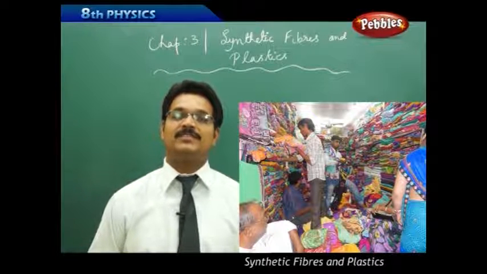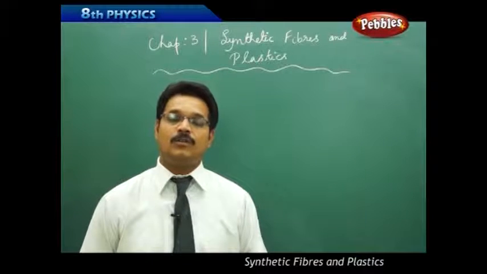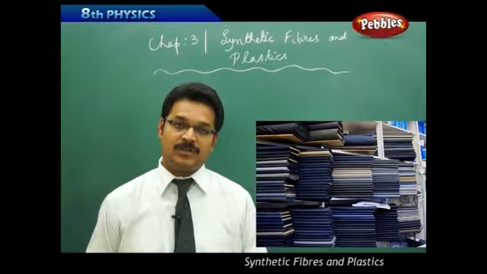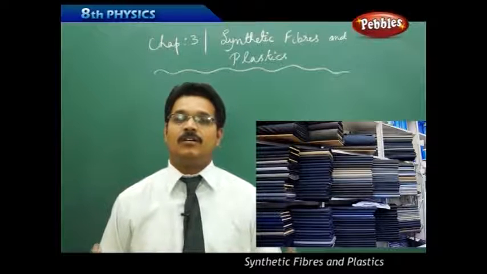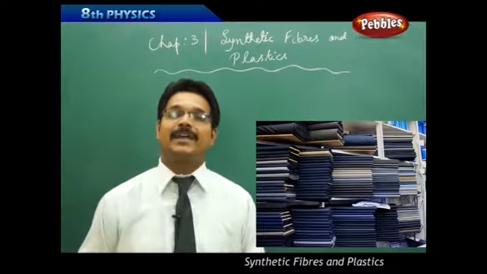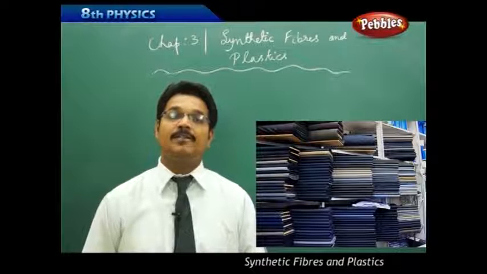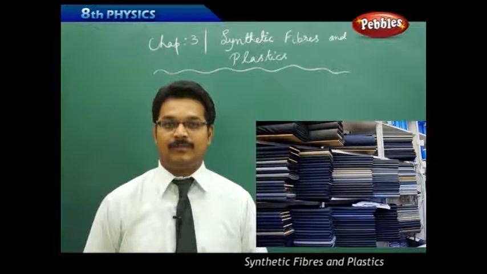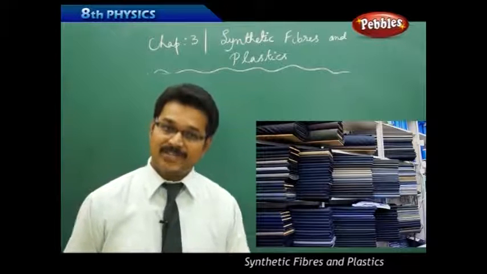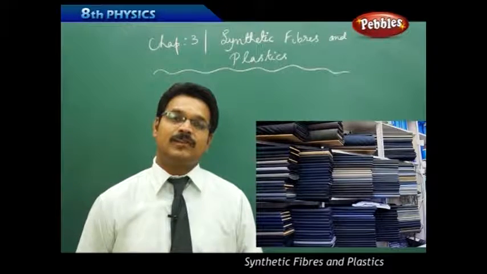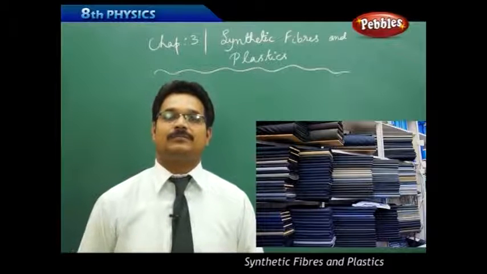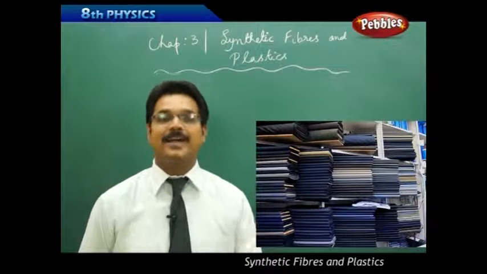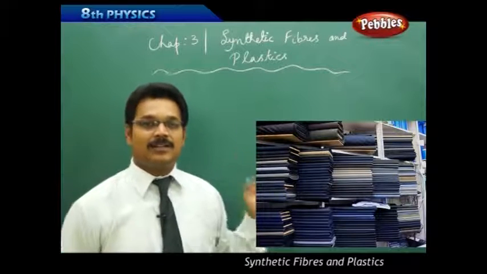Today we have, no doubt, many varieties of clothes, very fashionable dresses available in the market. But how are they actually creating all these types of fabrics? Are these fabrics naturally created or are they created artificially? To understand more about these fabrics and their types, let us start the class.